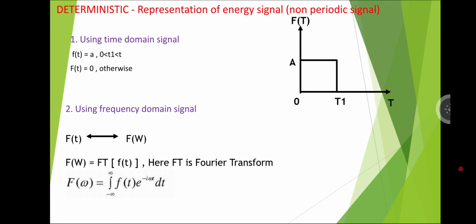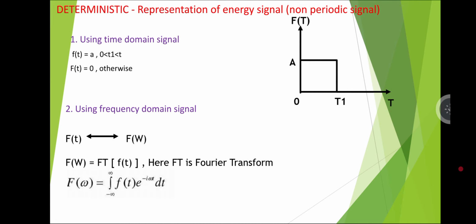Now let's come to the second point, frequency domain signals. Your f(t) is your time domain signal and F(ω) is your frequency domain signal. So this is the relation, and this is the Fourier transform: how we can convert the time domain signals to the frequency domain signals by using the Fourier transform.